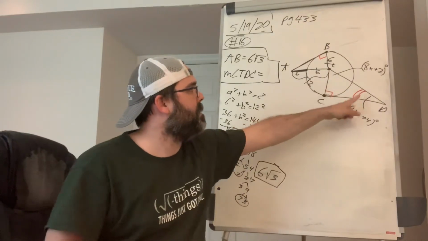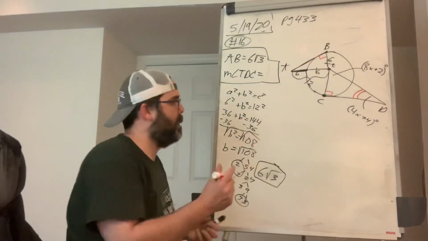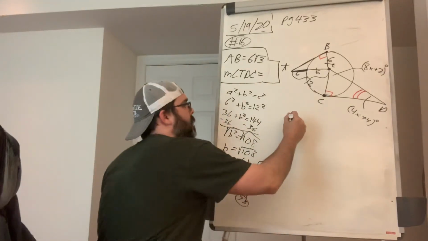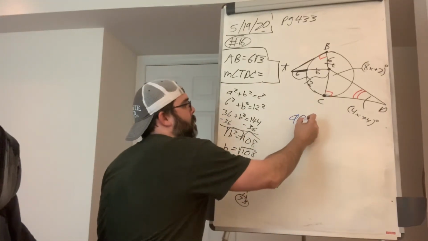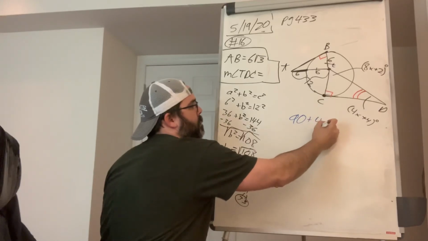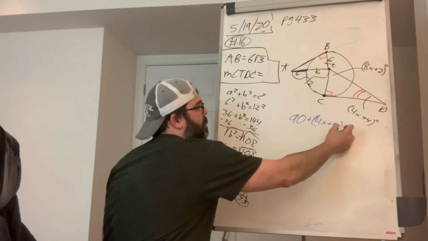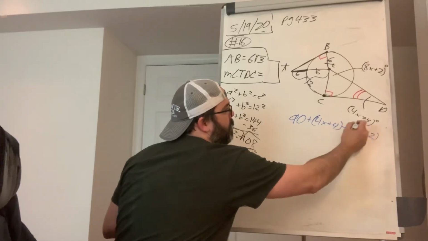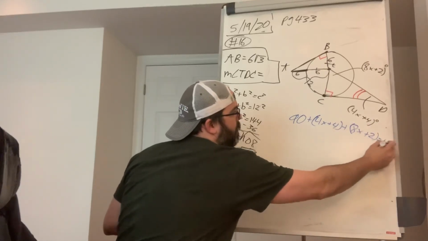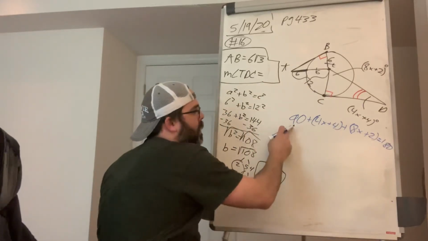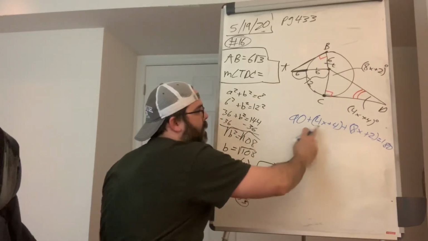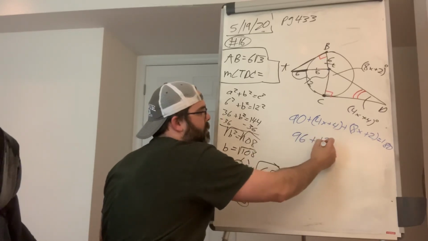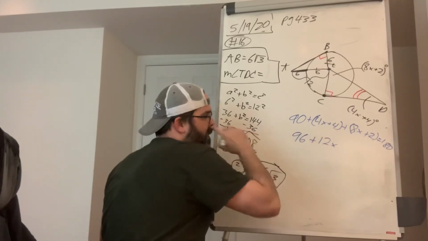So 90 plus this has to be 180. Let's write out the equation: 90 plus 4x plus 4 plus 8x plus 2 equals 180. Then we just simplify. 90 and 4 and 2 is 96, plus 12x equals 180.